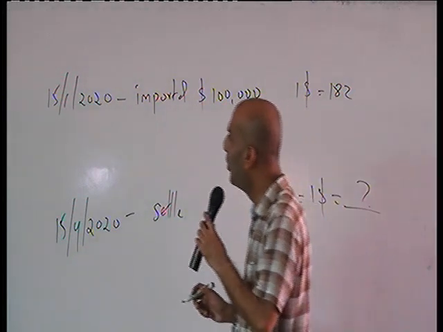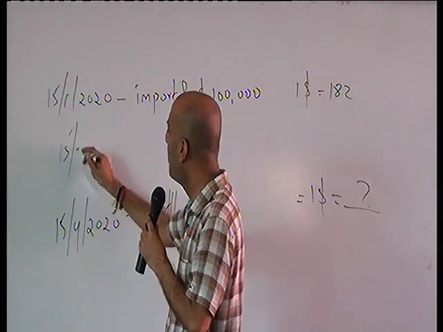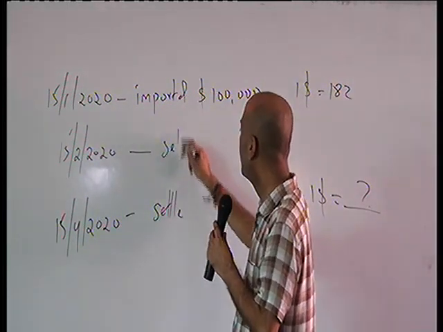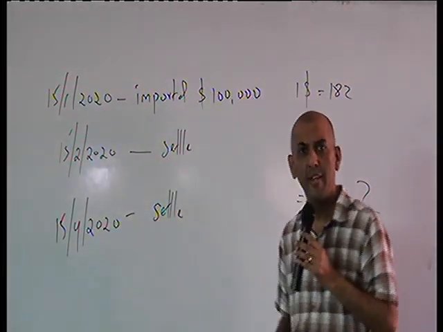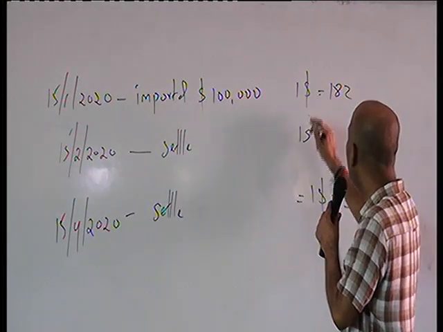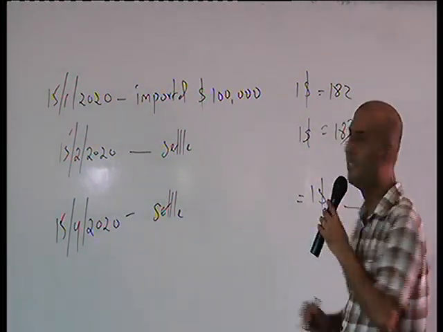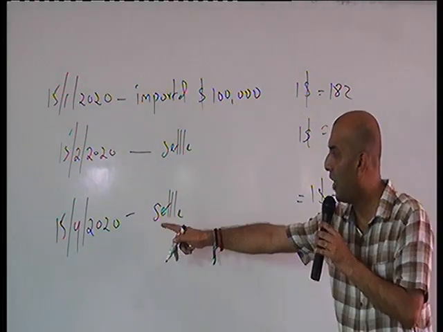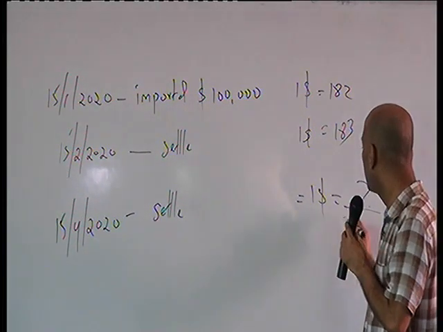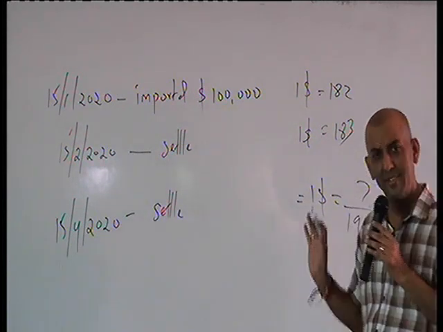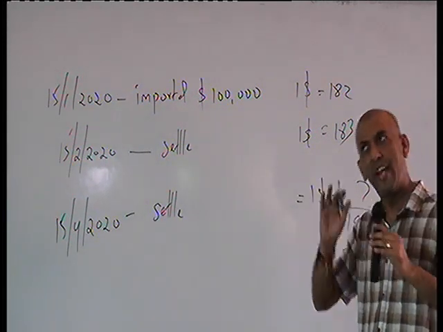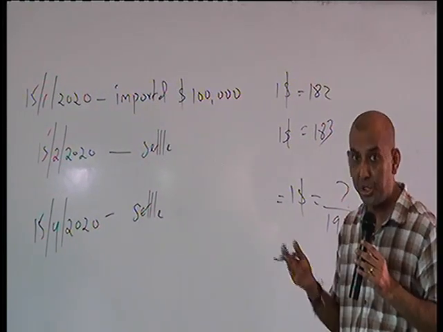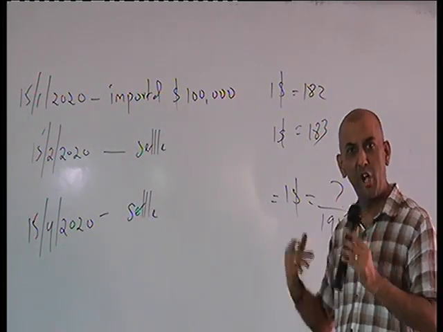What I could do is settle on 15th of February, for example, when $1 equals 183. When I realize that on 15th of April the dollar is going to be say 195, something like 190 levels, I am going to lose much. So how do I reduce the loss?